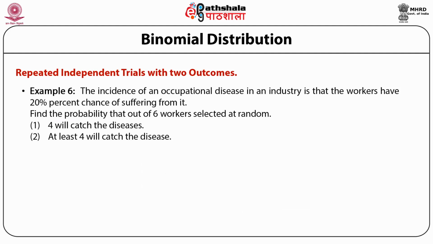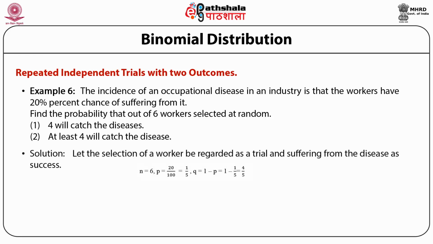The incidence of an occupational disease in an industry is such that workers have a 20% chance of suffering from it. Find the probability that out of 6 workers selected at random, first, 4 will catch the disease, second, at least 4 will catch the disease.